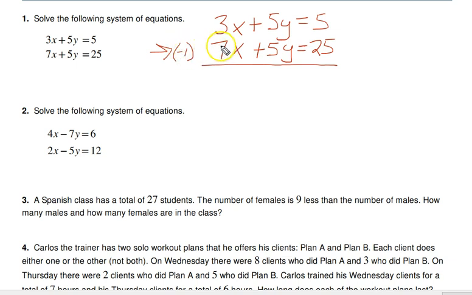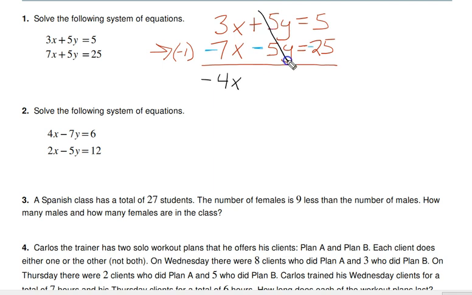So as I multiply this by a negative 1, and I'll change colors here so we can see it, this will become a negative 7, and this will become a negative 5, and this will become a negative 25. So now as I add them up, this is a negative 4x.